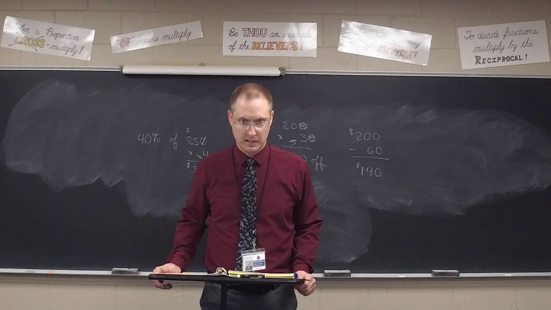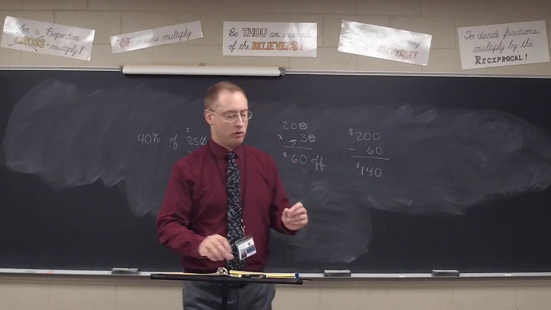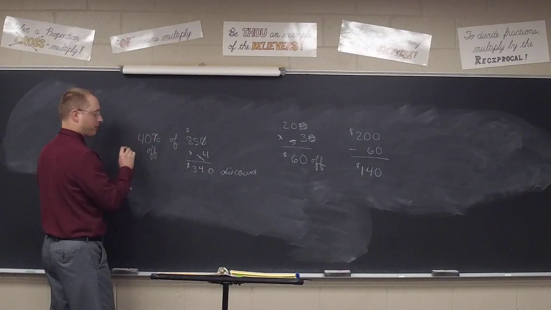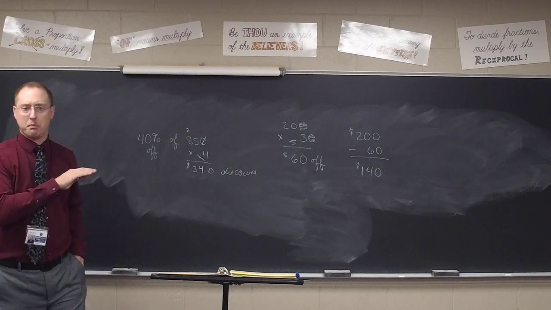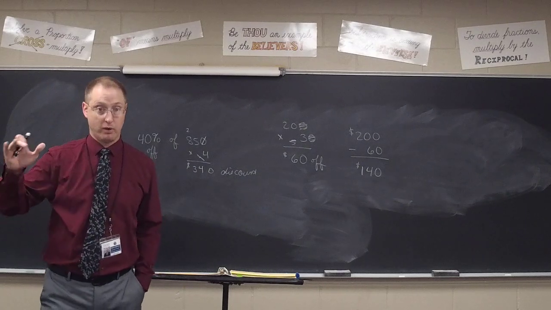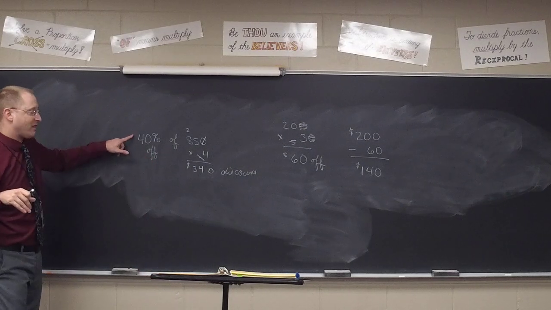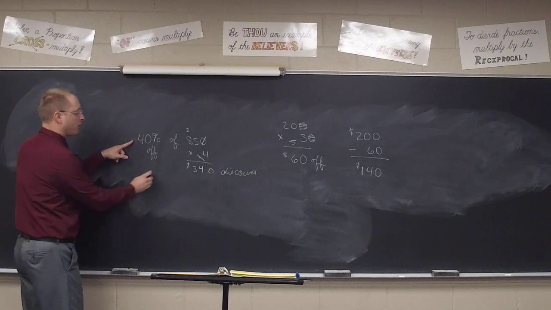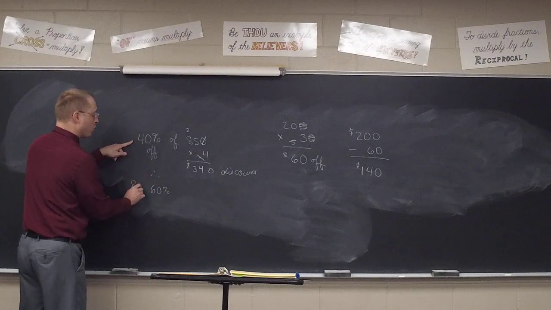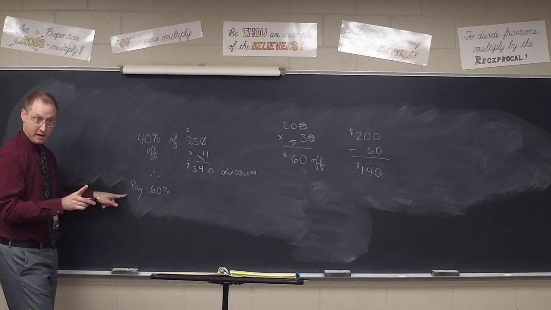Does that make sense? So, if you get 40% off, what percent would be paying full price, class? What percent means all of the price? 100%, right? And if there's 40% that you don't pay, does everyone understand that means that 60% that you do pay? Everyone got that?